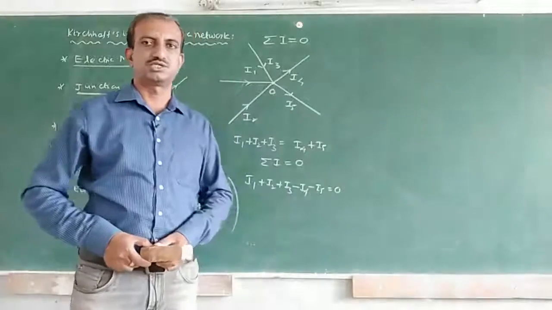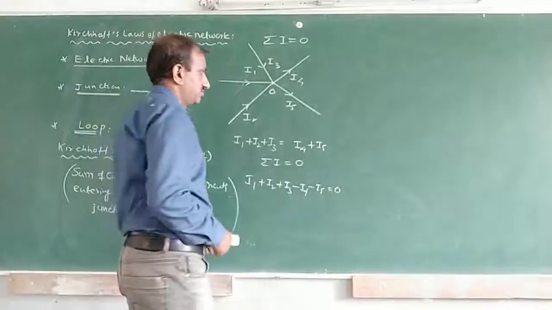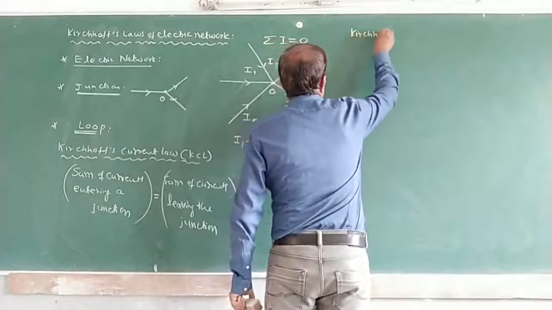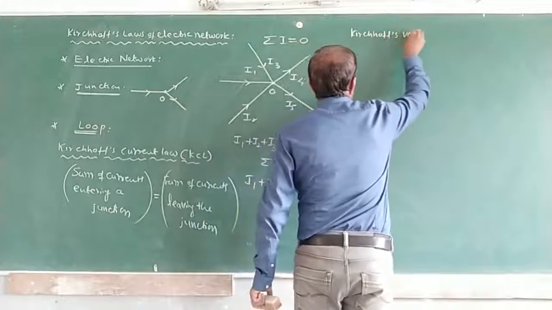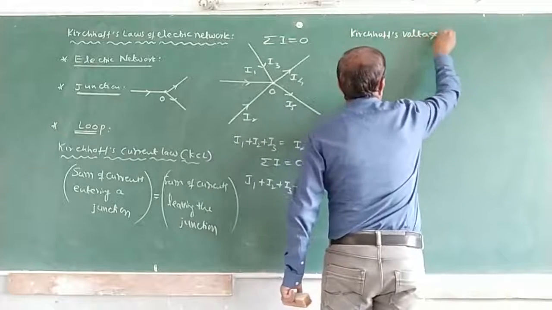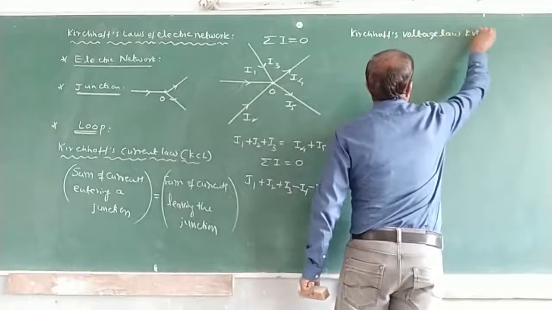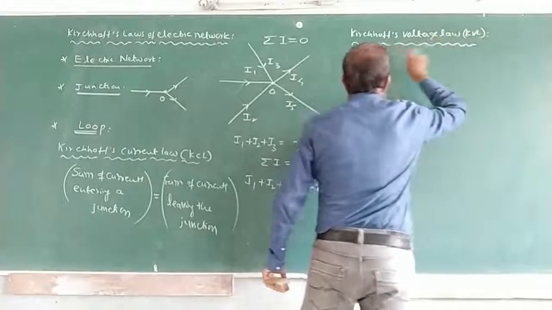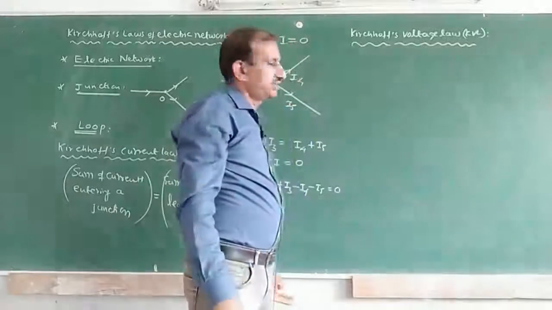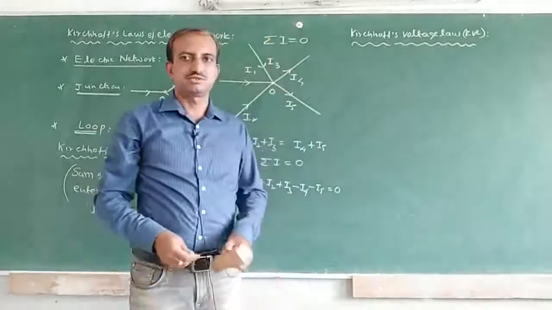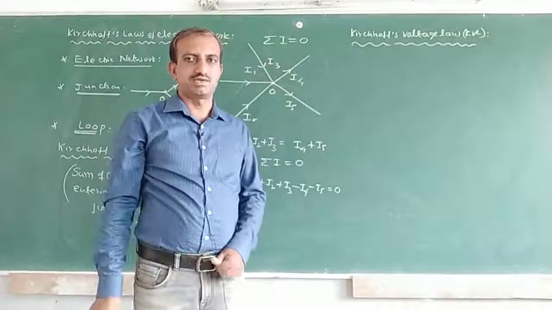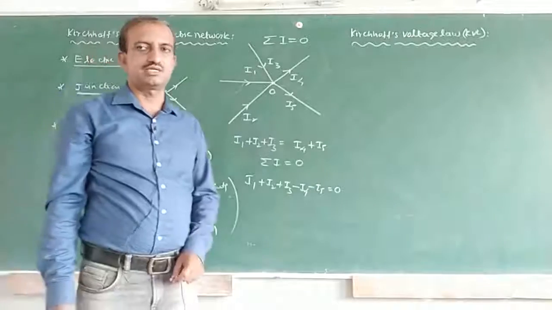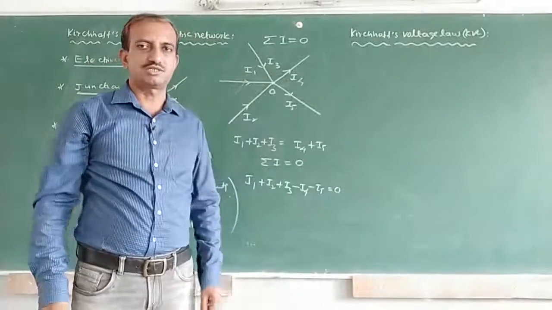Next one, the Kirchhoff voltage law. What says Kirchhoff's voltage law? According to Kirchhoff voltage law, KVL, the sum of the EMFs in the loop of an electric network is equal to the sum of the product of the current and the resistance in different parts of that network.